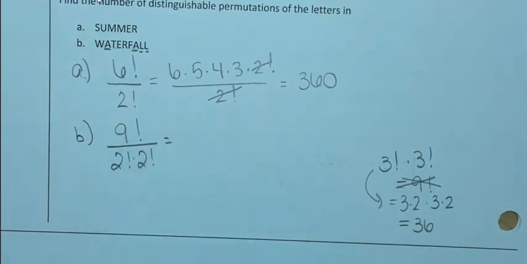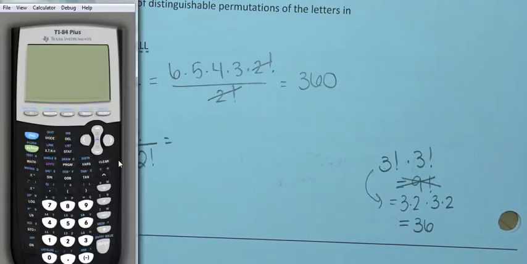So something like this, I go straight to my calculator. I don't even try and mess around with it. Okay, so let's see here. So I'm going to do 9 factorial and I'm going to divide that, and now I'm going to use parentheses.